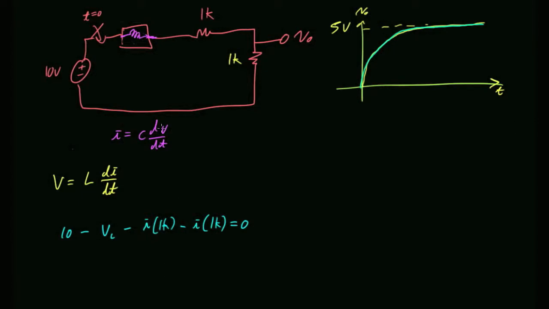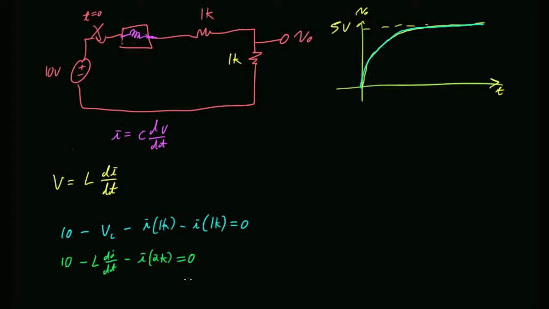The inductor voltage is L di/dt, so minus L di/dt minus I times 2K equals 0.